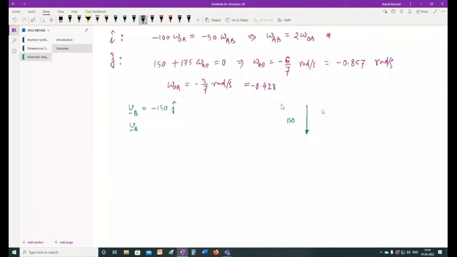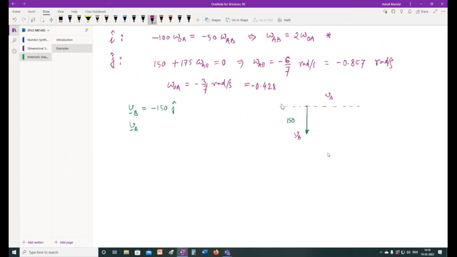So from the fixed point, suppose this is the point we started with, you know that this velocity component VA must lie on a straight line like this. VA must lie on this straight line. Obviously, VB we have got, it is given.